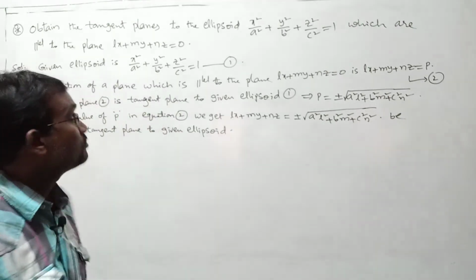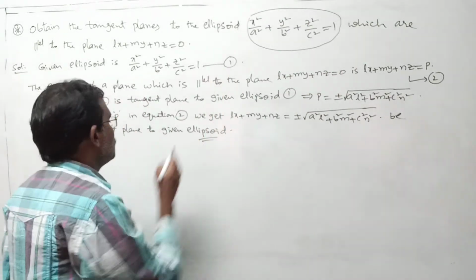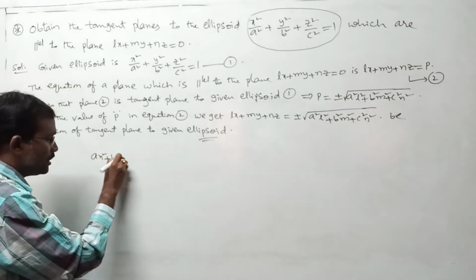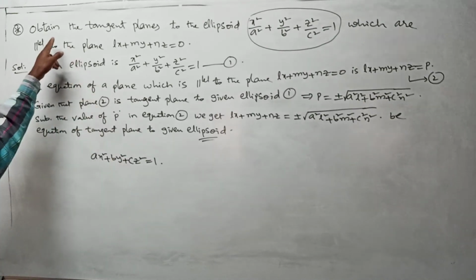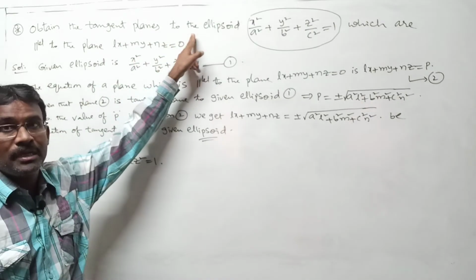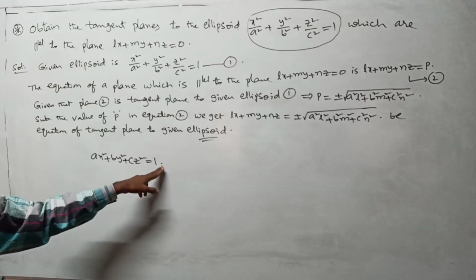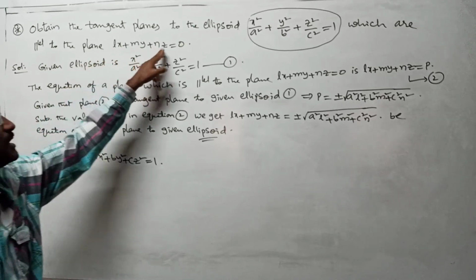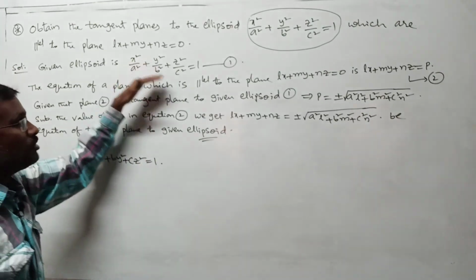But in this same question, observe that instead of this ellipsoid, suppose they give a general conicoid ax² + by² + cz² = 1. If your question is like this: obtain the tangent planes to the conicoid ax² + by² + cz² = 1 which are parallel to the plane Lx + My + Nz = P. The concept is almost the same.